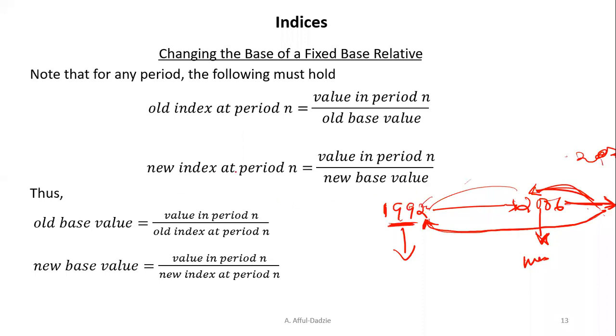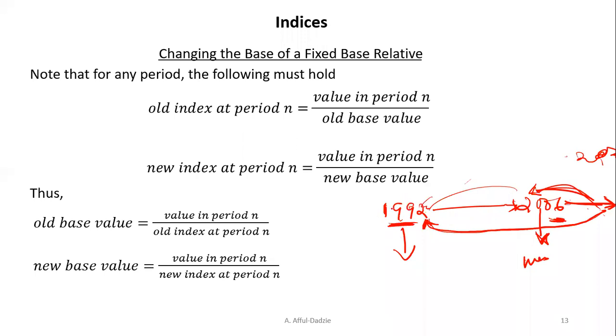If I want to use the new base period as the basis for a new index, then it is the value in the current period of interest, let's say 2020, divided by the base value as at 2006. So it is possible that I can be in the current period and either use the old base period as a basis for an index number, or use the new base period as the basis for an index number.